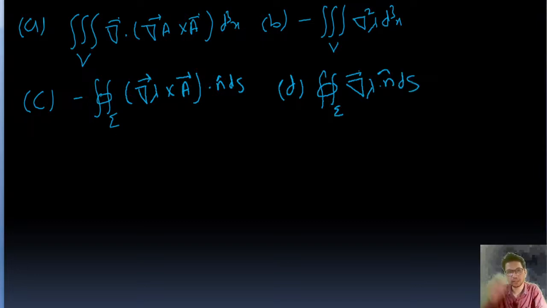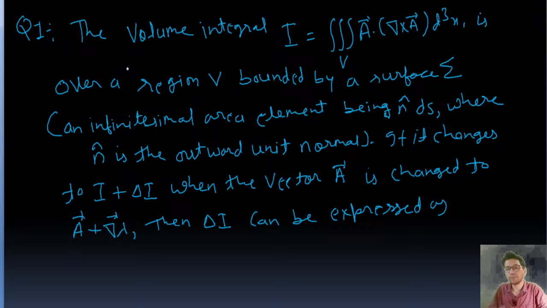It's a good question, guys, and I'll explain it. The volume integral is given: I equal to volume integration A dot del cross A d cube x, over region V bounded by the surface sigma, with infinitesimal area element n cap ds, where n cap is the outward unit normal vector.